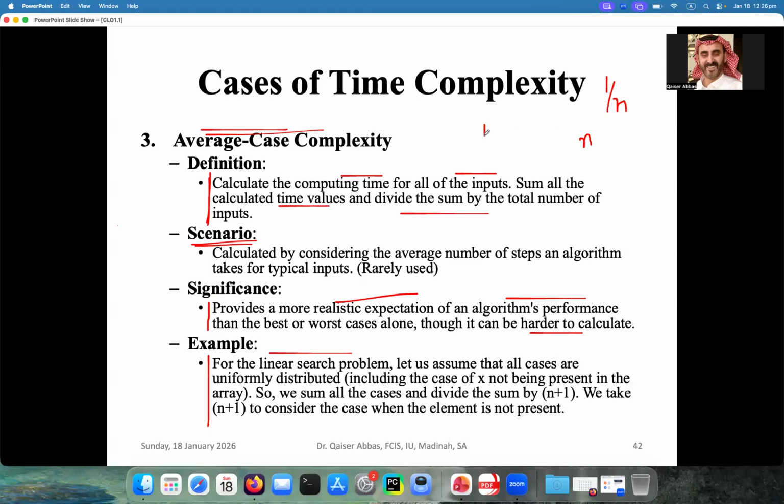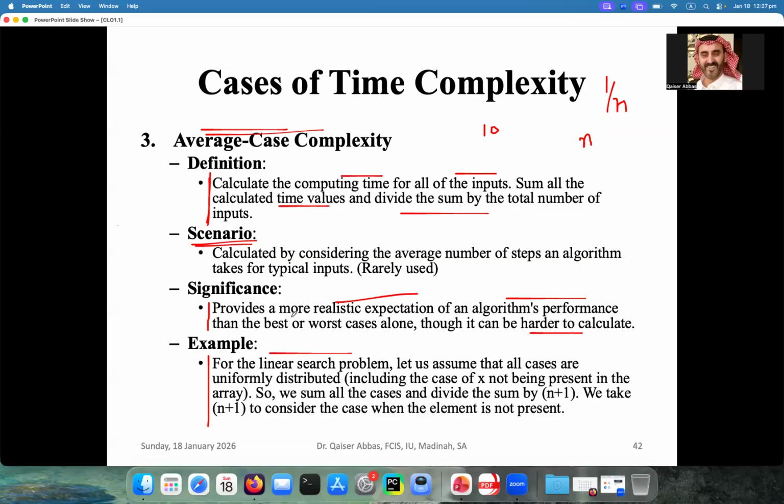For example, if 10 is the number of inputs in an array, then each element has 1 over 10 probability. But I'm not talking about probability here; I'm just saying that each element has an equal chance of appearance.